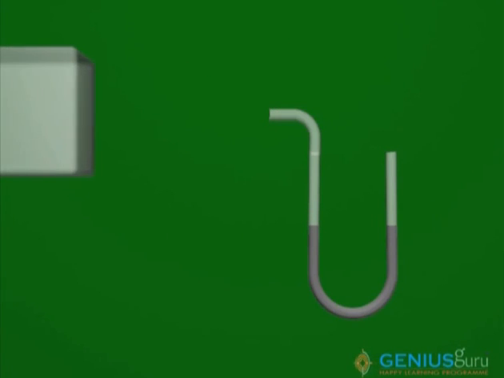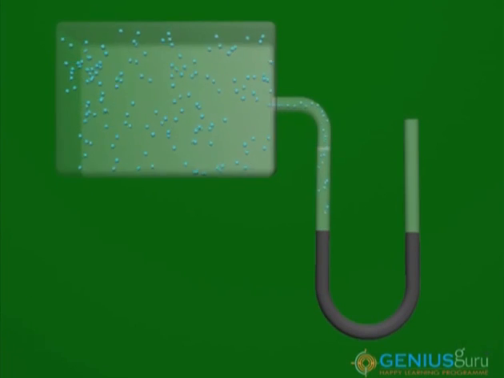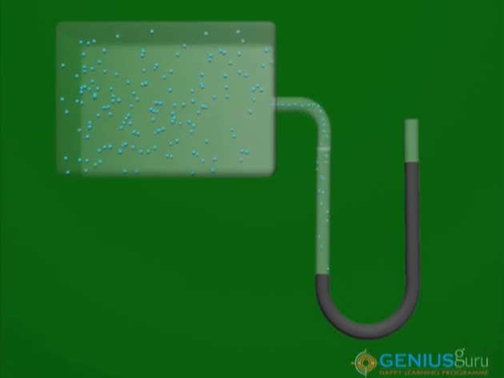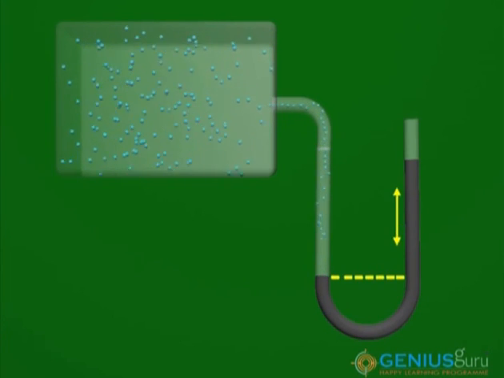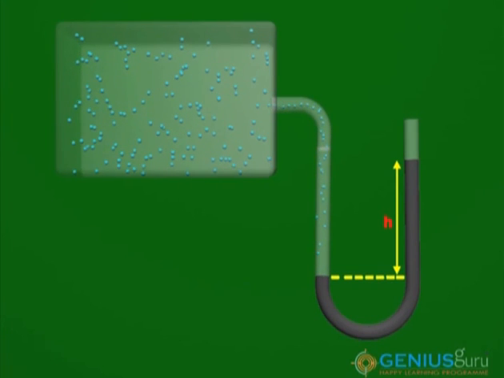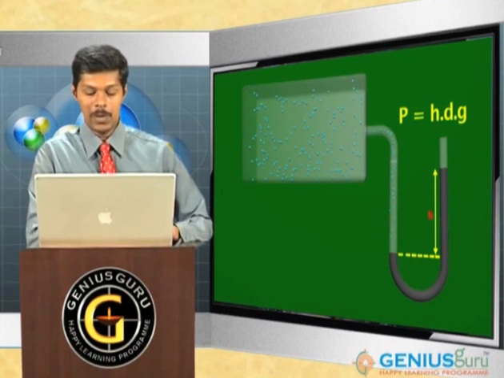If it is connected to a gas chamber, then the mercury level will not be the same. The difference between the heights in the two limbs gives the pressure inside the gas. Using the formula h into d into g, this gives the pressure of the gas. In this way the pressure of the gas is measured.